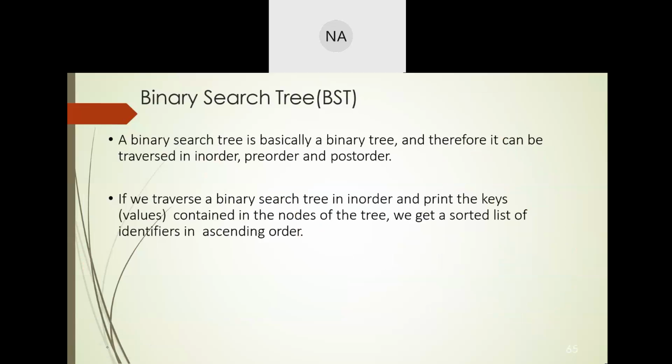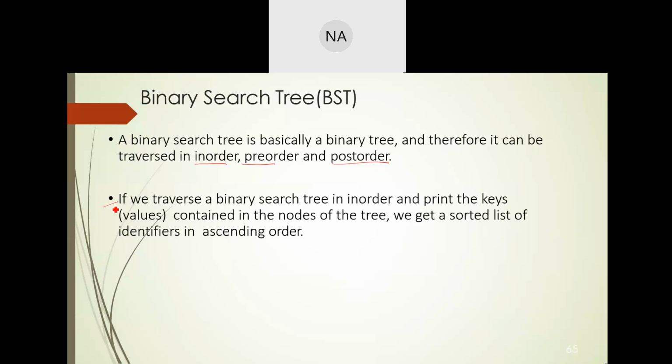So a binary search tree is basically a binary tree, and therefore it can be traversed in-order, pre-order and post-order. Like a normal binary tree, you can traverse the binary search tree in-order, pre-order and post-order because a binary search tree is a special type of binary tree.